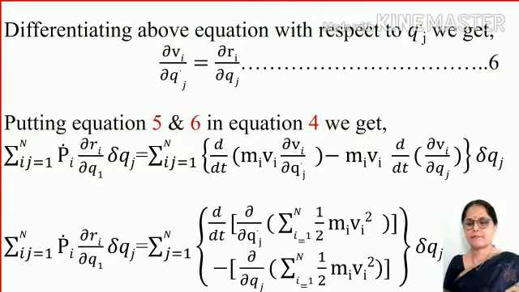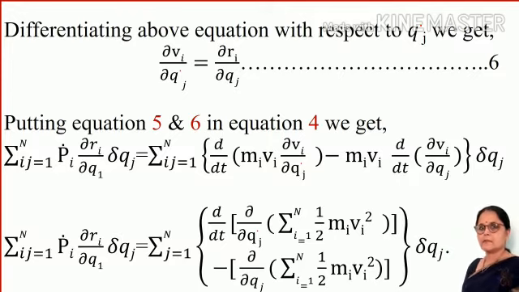Putting equation 5 and 6 in equation 4, we get summation over i, j from 1 to n of pi dot dri/dqj into delta qj is equal to summation over i, j from 1 to n of d/dt of (mi vi dvi/dqj dot) minus mi vi d/dt of (dvi/dqj) into delta qj.